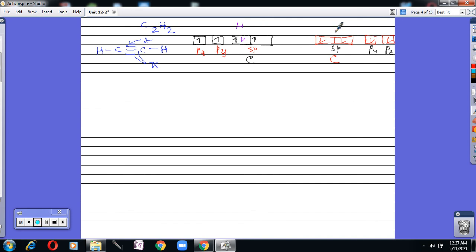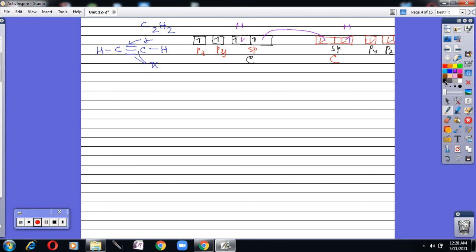In the same way, here is another hydrogen which is also giving in a different direction, right? And this sp electron is making a covalent bond with this sp.